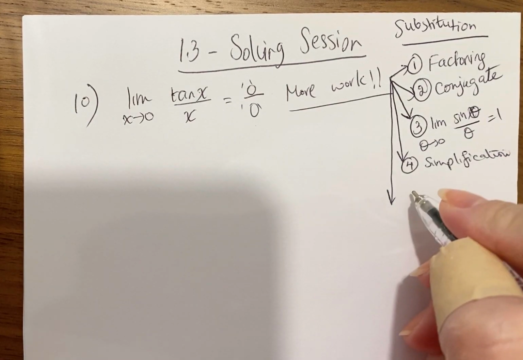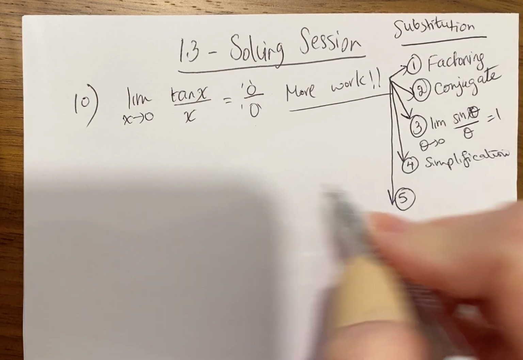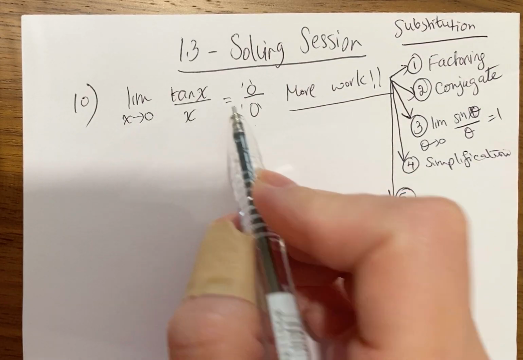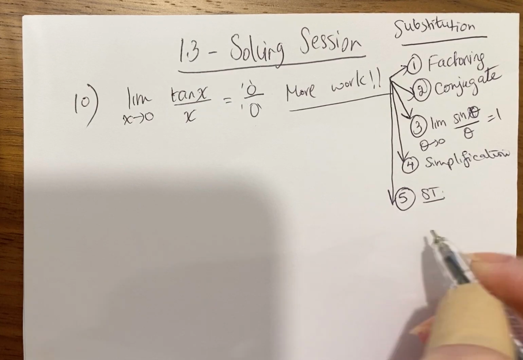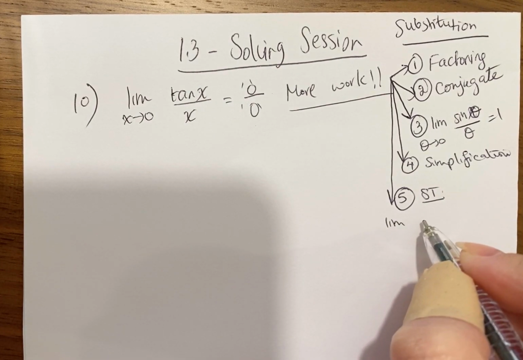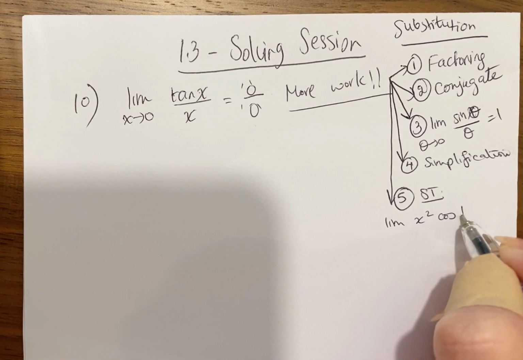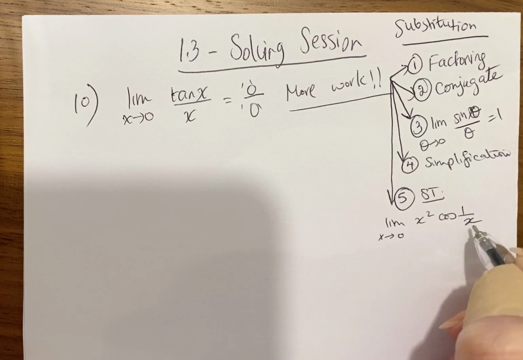Another thing that can help sometimes, but not in this case, because here I can tell what the limit is, is the squeeze theorem. Remember the squeeze theorem example yesterday, where we have the limit of x squared, or any power of x, times cosine 1 over x or sine 1 over x, as x approaches 0.